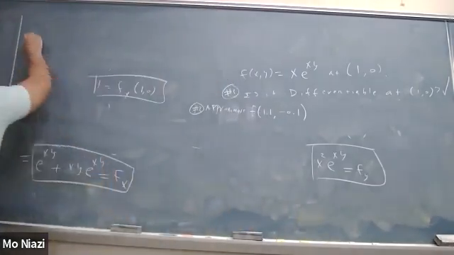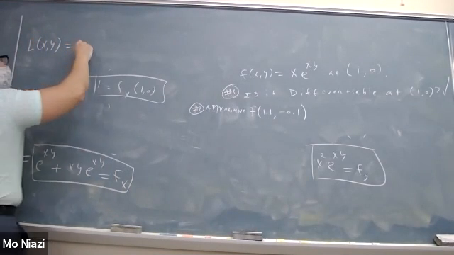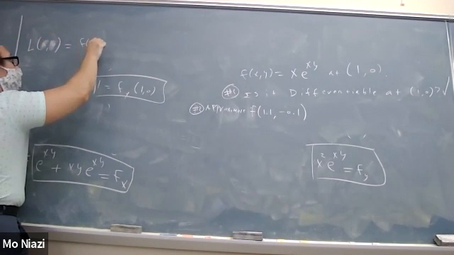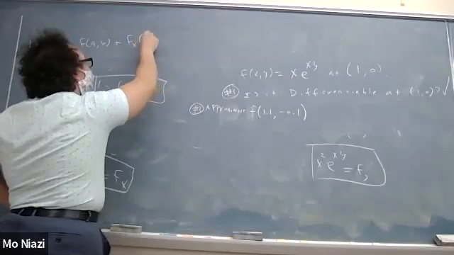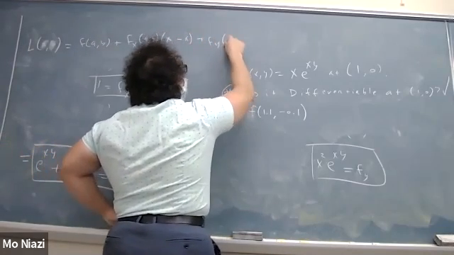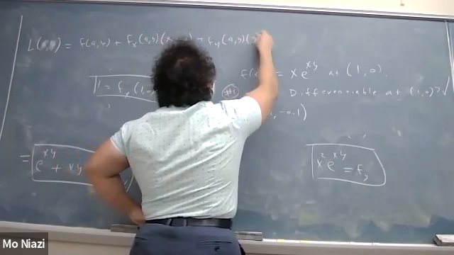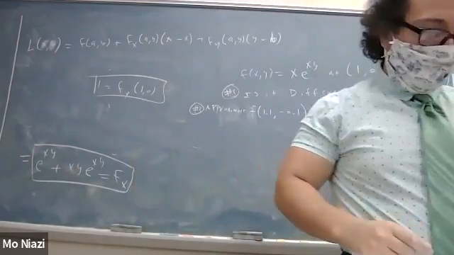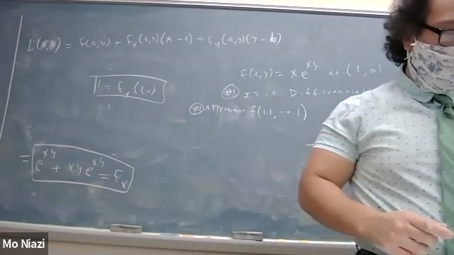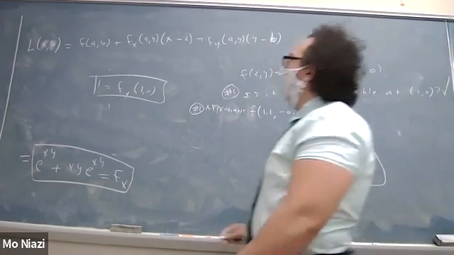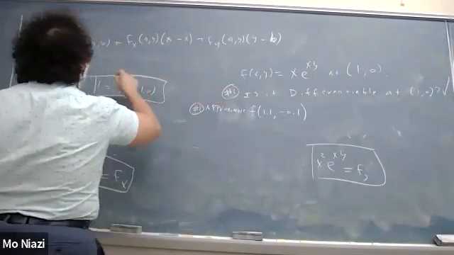So command number 2 is approximate this. Recall a linearization at some point A, B is equal to our function plus... that's at A, B. So we know what f of x, y at A, B is because A, B, remember, is equal to 1, 0.